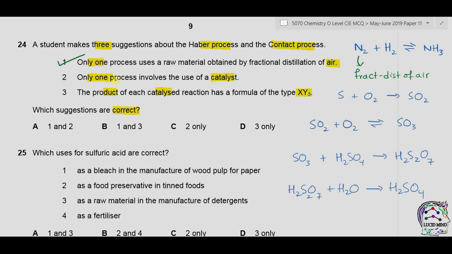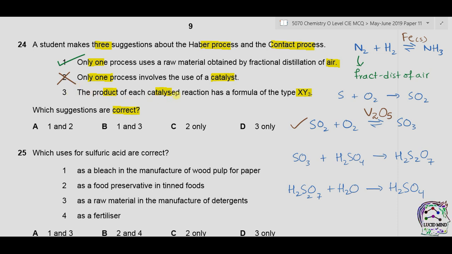Part 2 is that only one process involves the use of a catalyst. We can see that the catalyst used in the formation of ammonia is iron in powder form, while the catalyst used in the formation of sulfuric acid in this reaction is vanadium pentoxide, which is V2O5. So both processes use a catalyst, so therefore statement 2 is wrong.